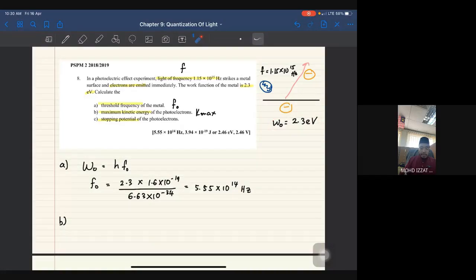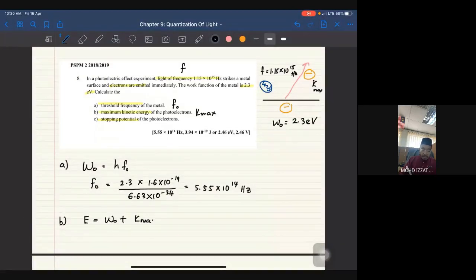Similarly over here, if you have, let's say, stopping potential or velocity of the electrons, then you can use half mv squared or EVS. But you don't have any values over here, so you have to use the relation of these three. The relation of those three is E, which is the incident light, equals work function plus Kmax.